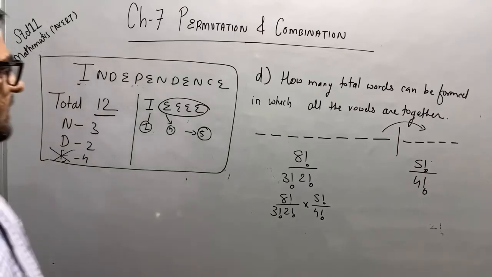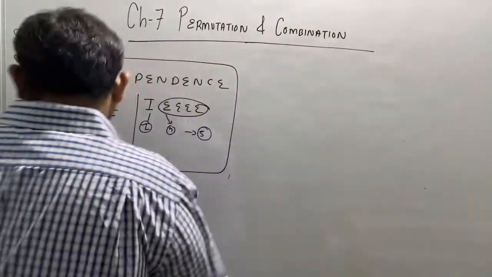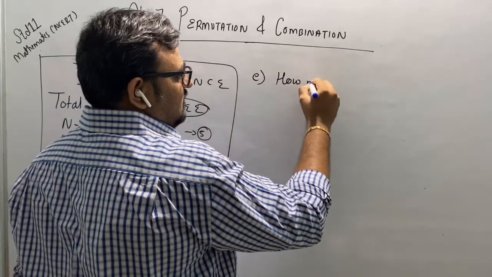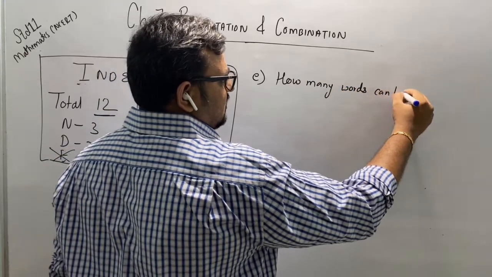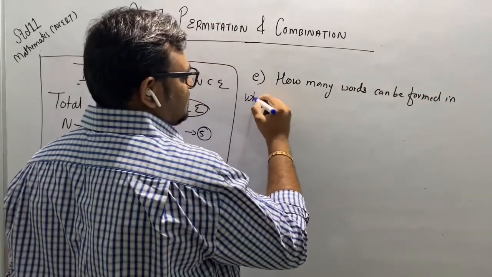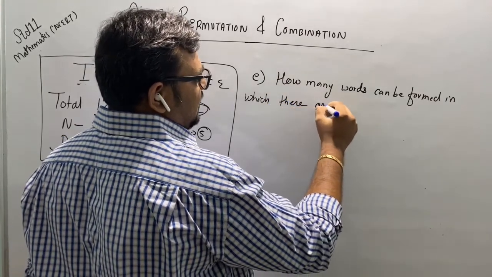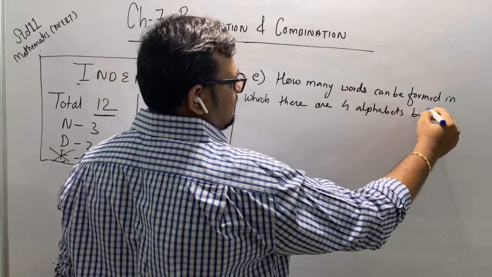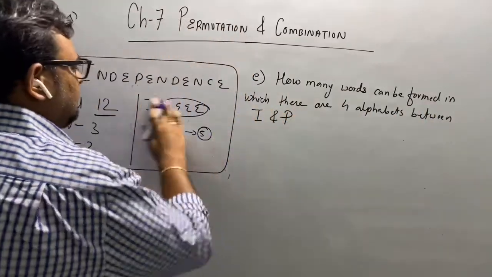Now, the next type is, the questions are such like: how many words can be formed in which there are 4 alphabets between I and P. Okay.